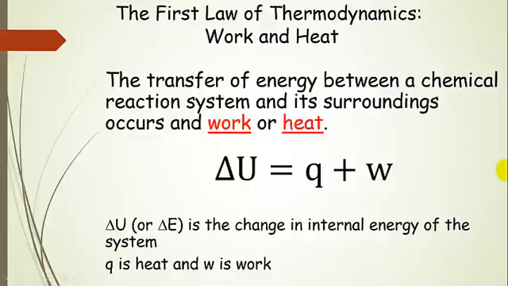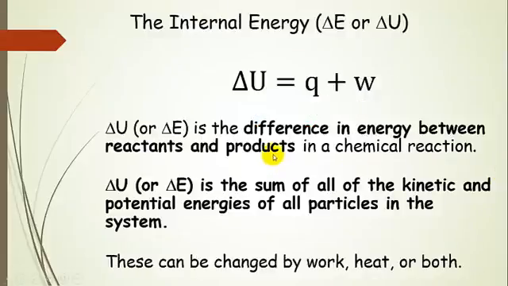Q is heat and W is work. Delta U or delta E is the difference in energy between the reactants and the products in a chemical reaction. The reactants start out at some energy, the products will be at a different energy, and delta U is the difference.